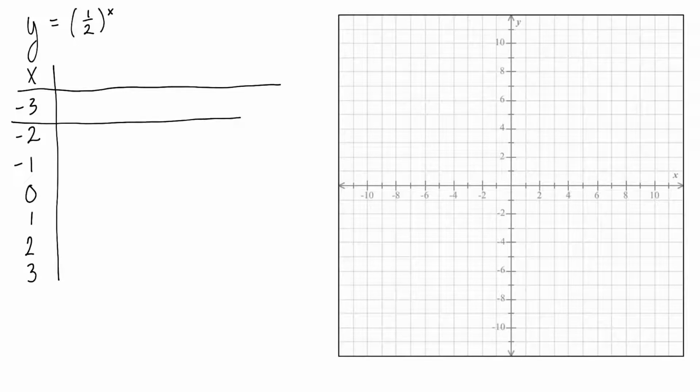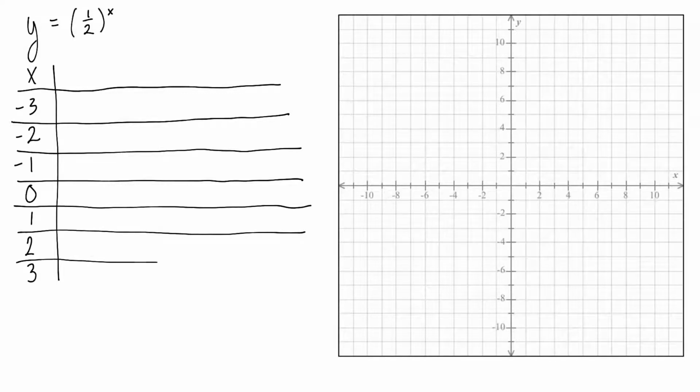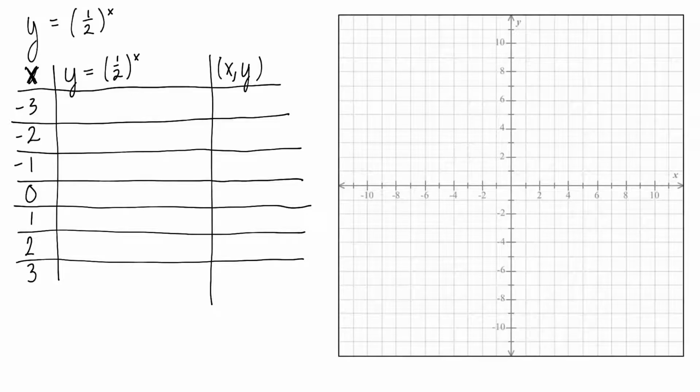So making myself a beautiful graph here. I have y equals 1/2 to the x. And then I will write down the coordinate points so I can graph it.